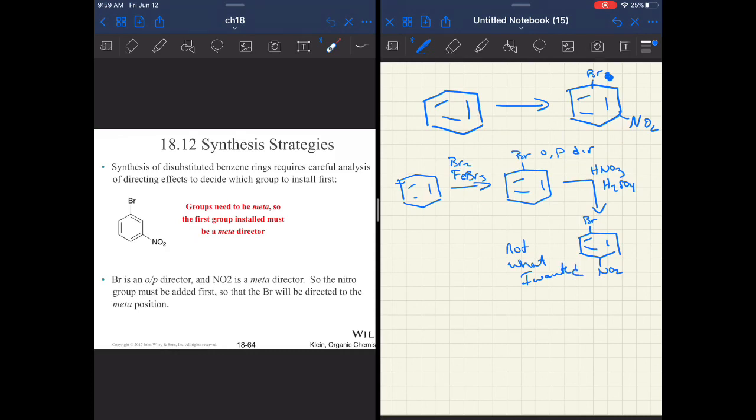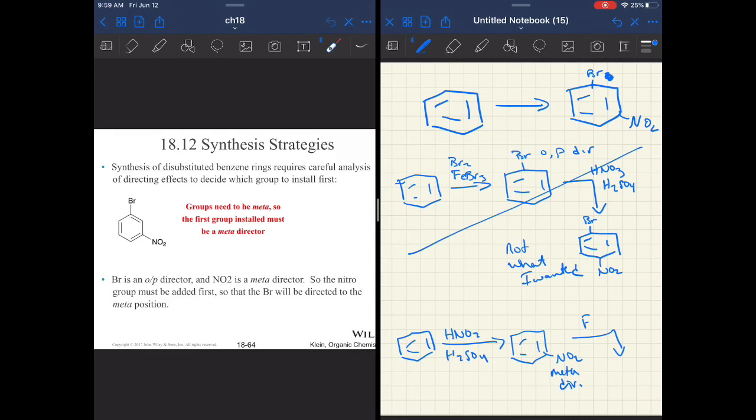So what I need to do is I need to add the nitro group on there first. All right, and that'll put my nitro group on wherever on the ring. And now it's a meta director. Now when I add in my bromine and iron tribromide, it will go specifically to the meta position. All right, so you have to be thoughtful here.